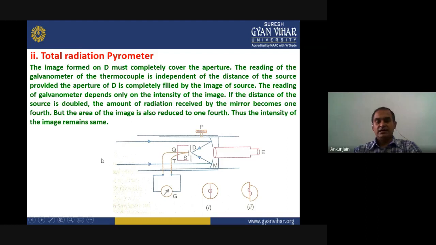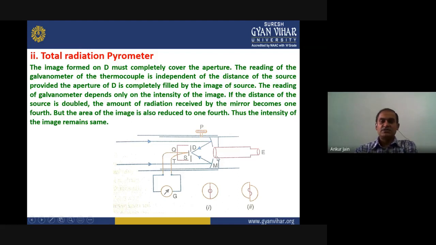So the source can be placed anywhere. There is no effect of the distance between the source and the intensity, or on the deflection of the galvanometer. The only condition is that the aperture of D should be completely filled by the image of the source, that circular image. The reading of the galvanometer depends only on the intensity of that image which is visible in the eyepiece.